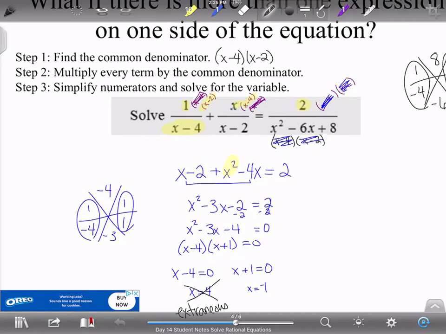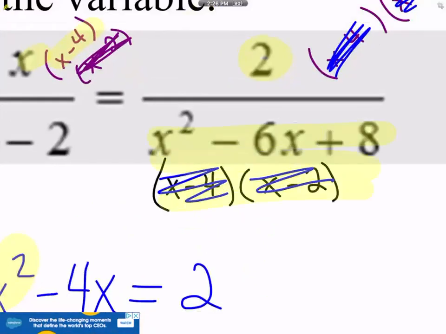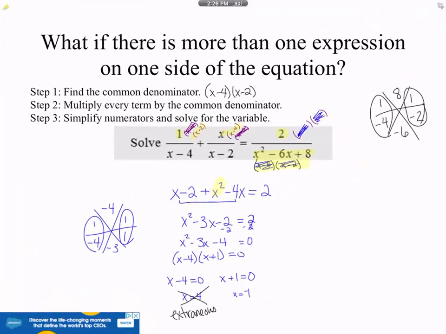And then we know that that last fraction over here, this one, this factors into x minus 4, x minus 2. We actually just checked both of those factors, so we know that negative 1 is going to work. It's not going to make that denominator 0. So x equals negative 1 is your final answer.